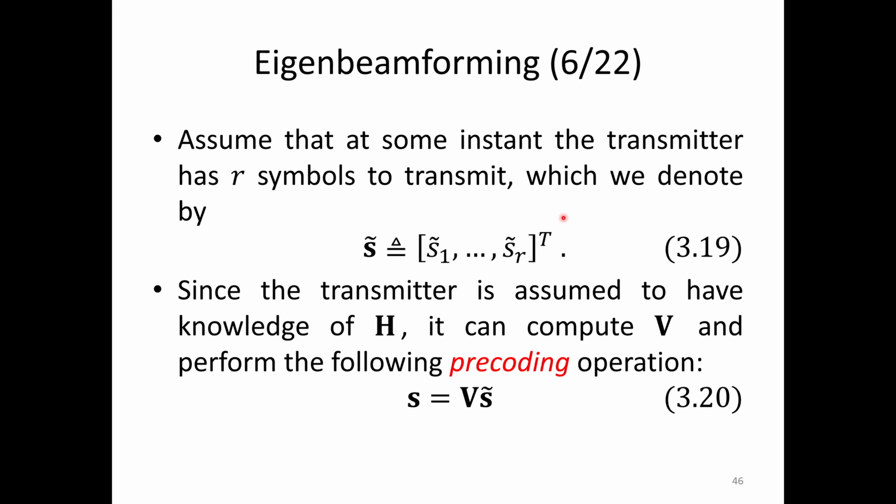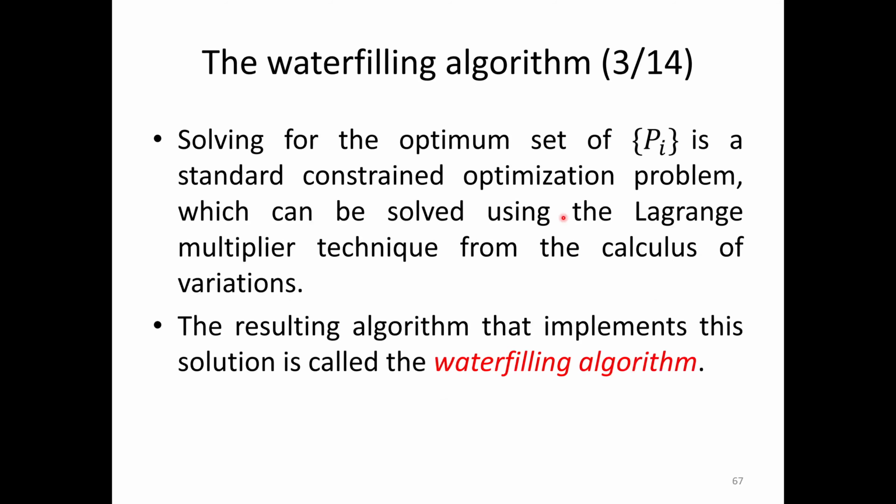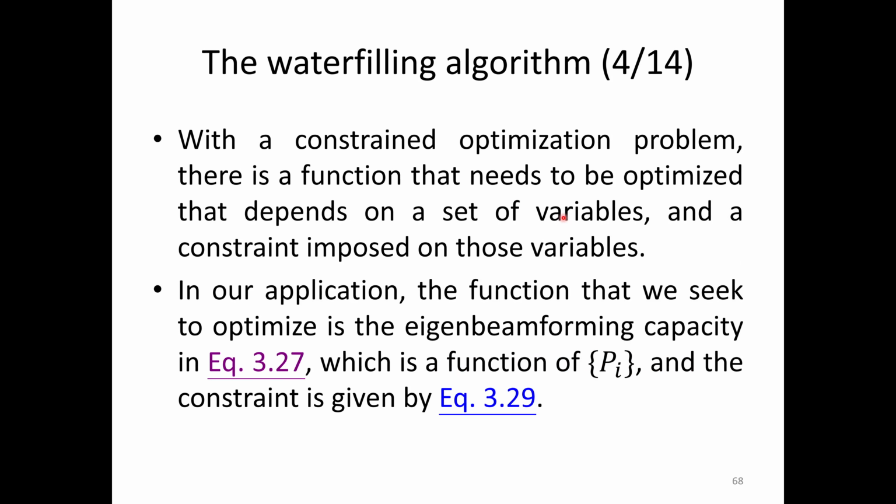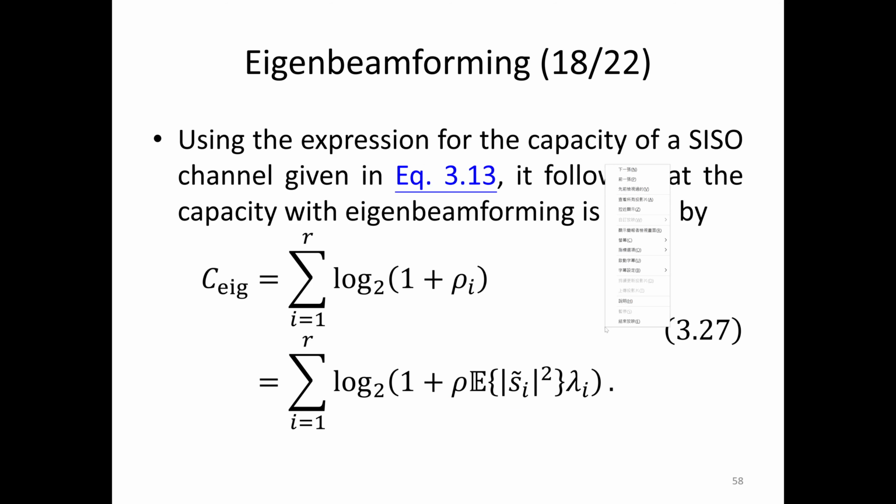Let us go back to page 68. Go to equation 3.27, times lambda i, where lambda i is the ith largest eigenvalue of the matrix H times H Hermitian.